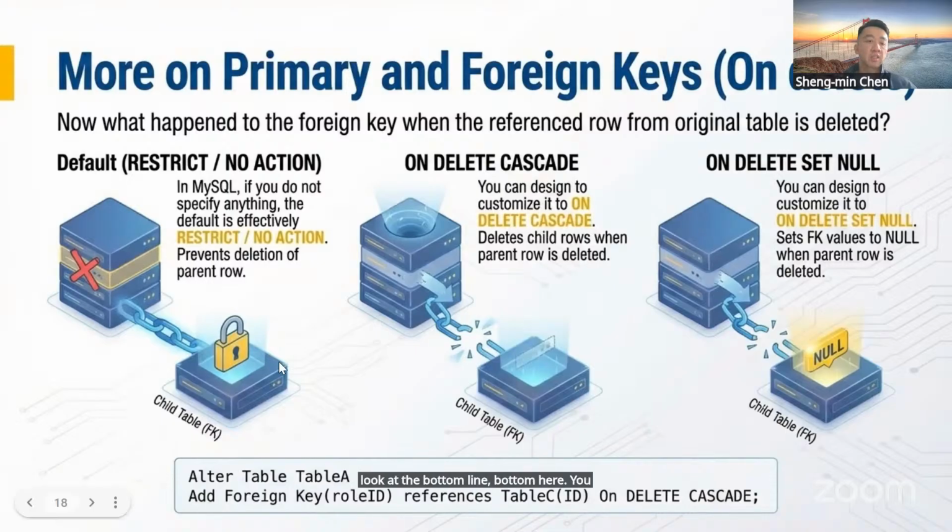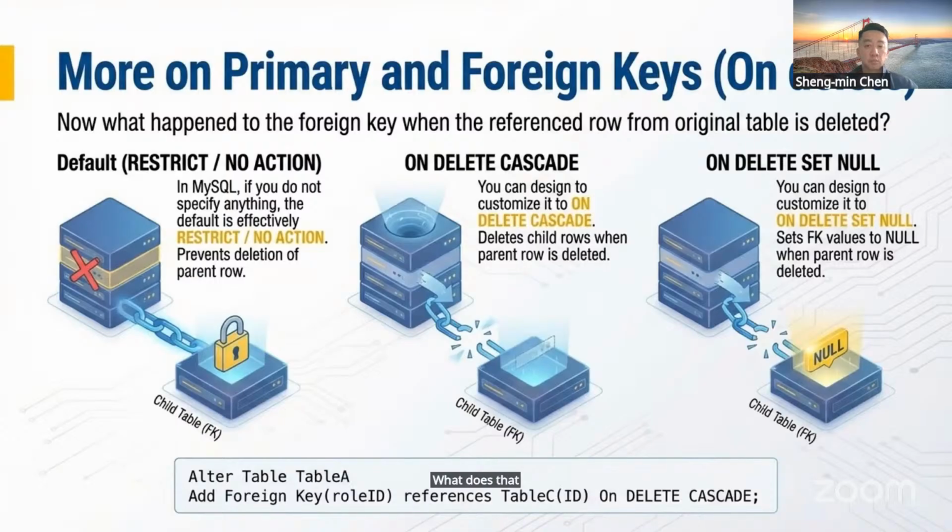You can alter the table and add the foreign key or update the foreign key referencing this original table, and then provide the type of action you want instead of no action by saying ON DELETE blah blah blah. Now, the two most common options here for ON DELETE are CASCADE and SET NULL.